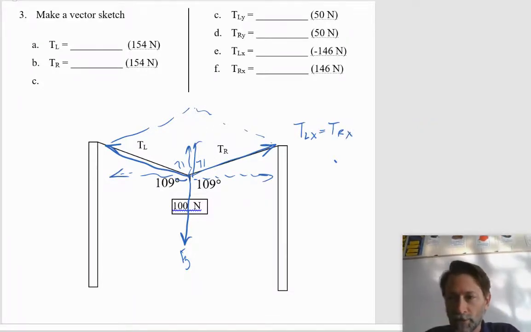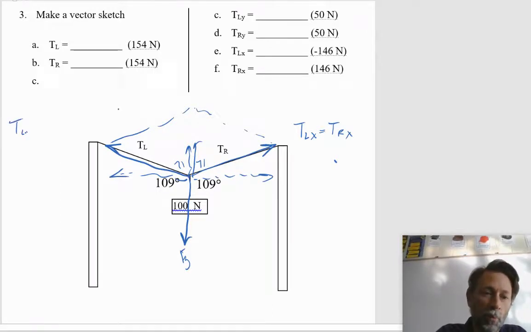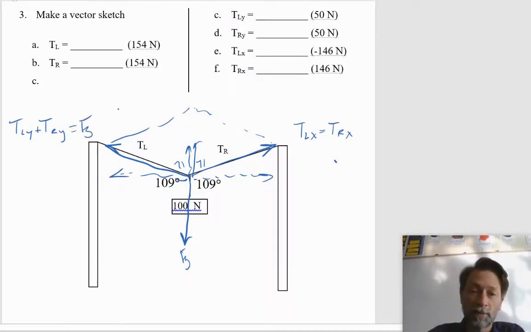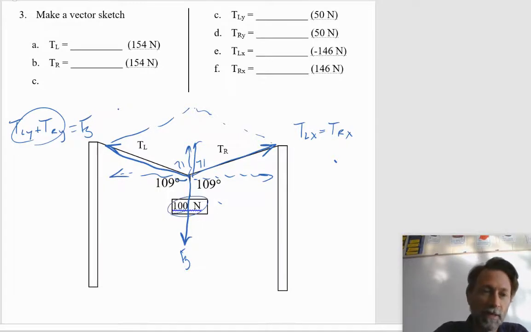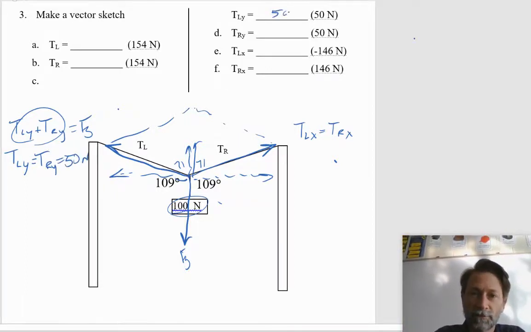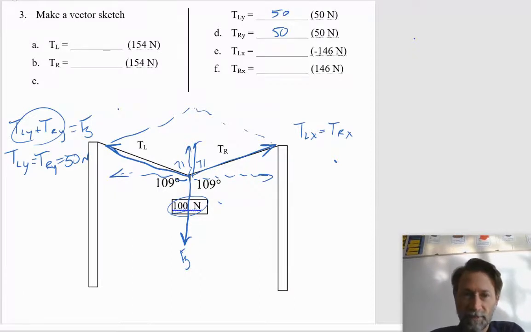We can also say that TLY plus TRY is equal to the weight. Because the angle is split evenly, then these two have to be equal. So I could just divide the weight by 2. So let's see, the weight is 100 newtons. So I can say that TLY equals TRY, which equals 50 newtons. So here are two 50 newtons. 50 and 50 newtons.